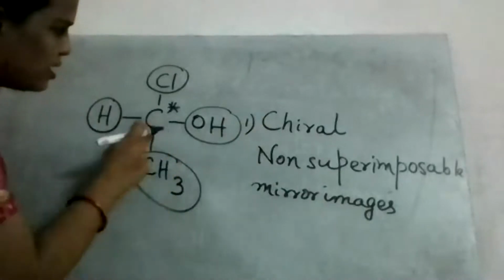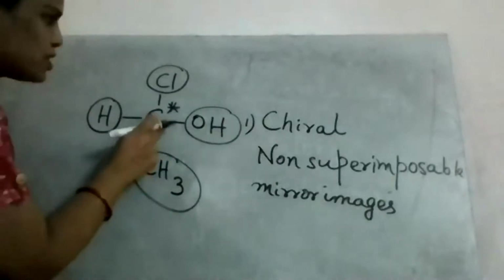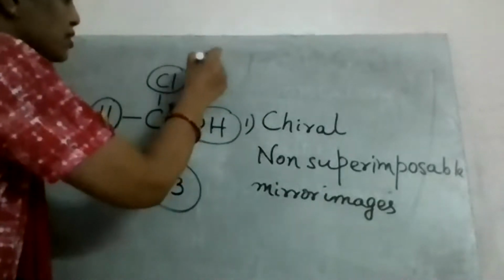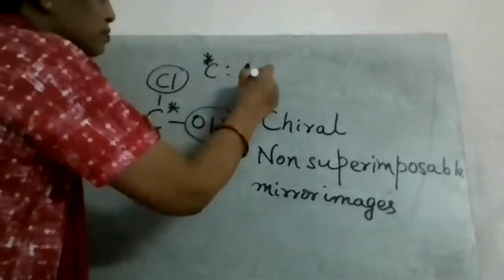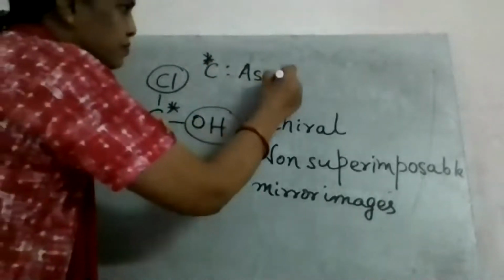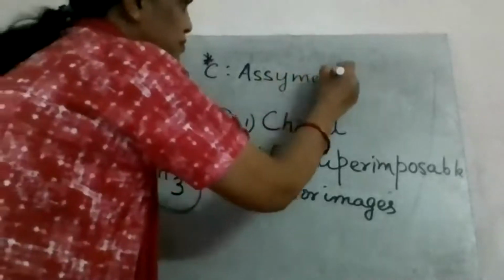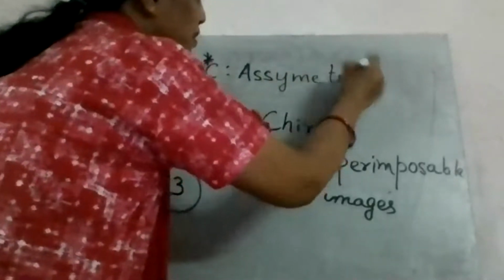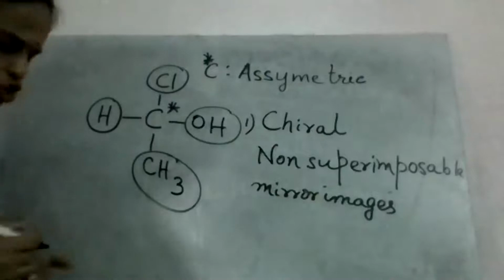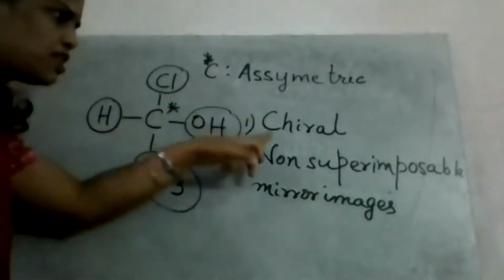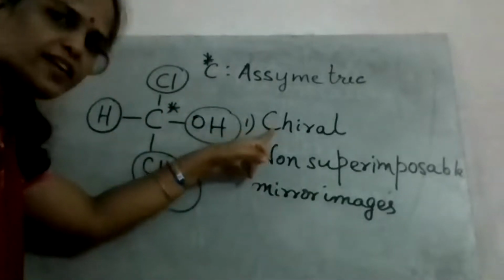This is chiral. This carbon is asymmetric in nature, and the carbon that is asymmetric in nature will also be chiral in nature.